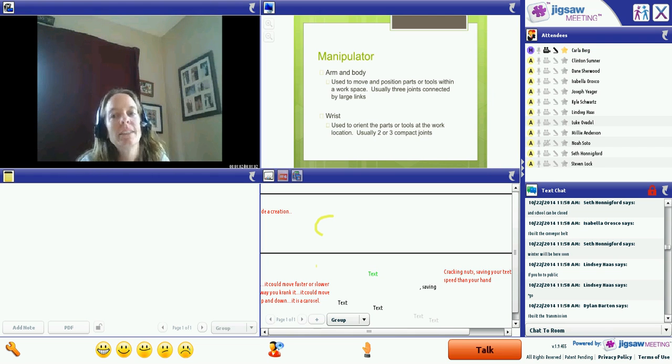Okay, Kyle and then Isabella. Kyle, go ahead. I'd say the one with detail that cuts it out and welds things and welds small things on and does the details.